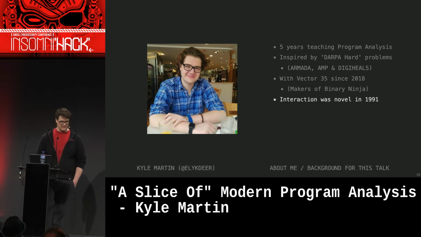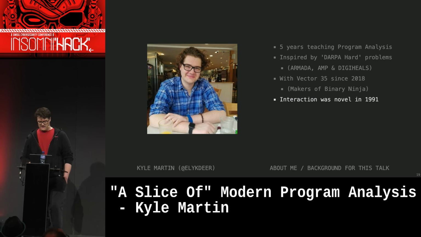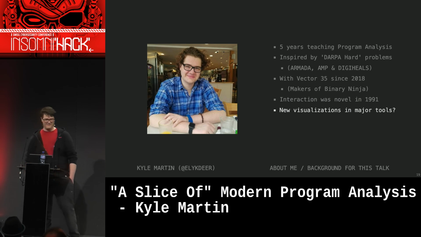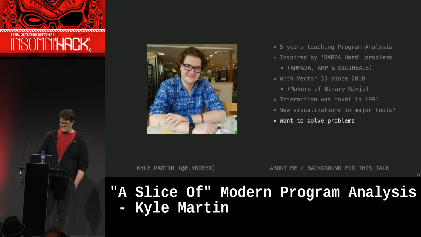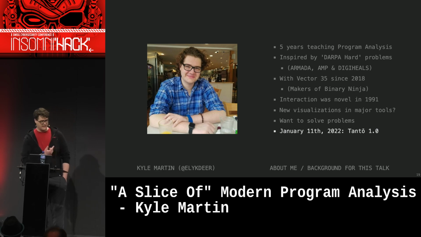Interaction was novel in 1991 when IDA came out, and it took them 15 years to get GraphView into the product. And it's been 20 years since then, so where are new visualizations? I started graphing the problems I saw, and people seemed to like those graphs enough that I released Tonto 1.0.